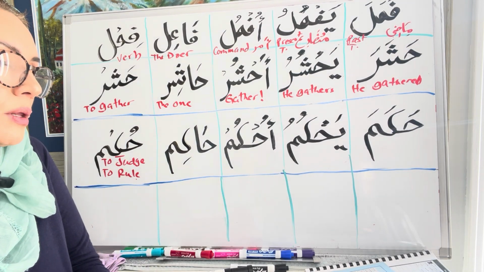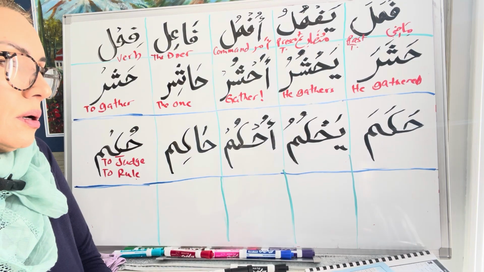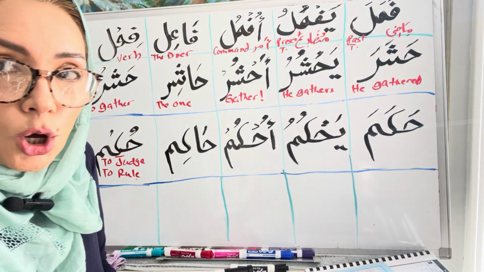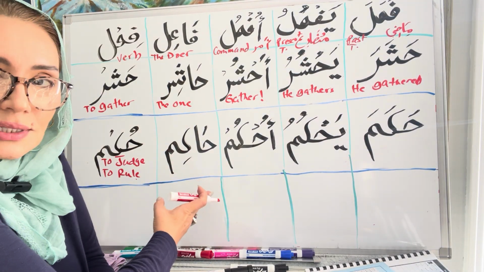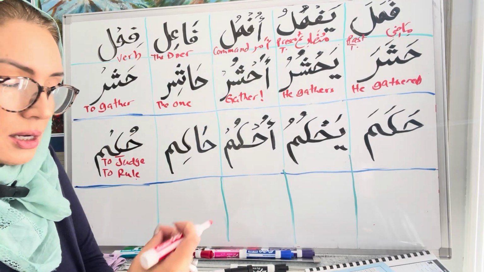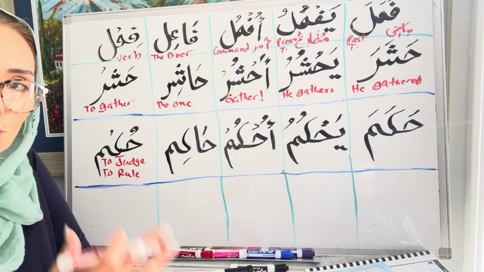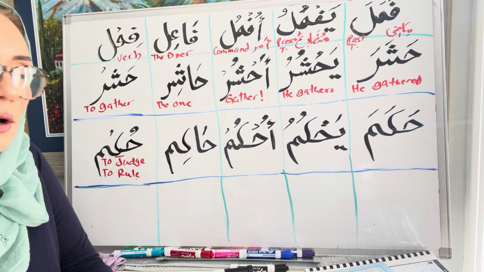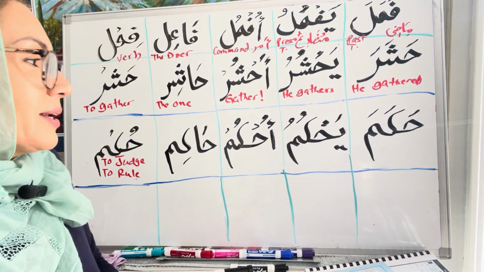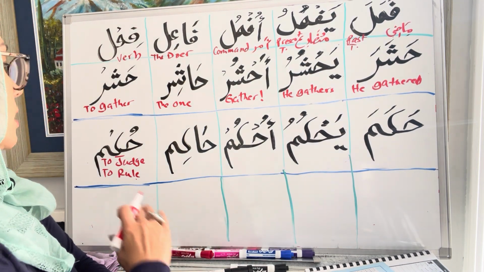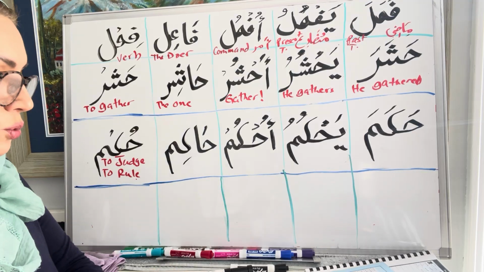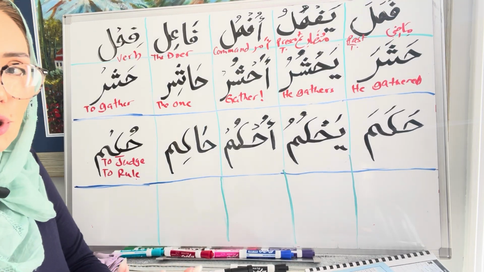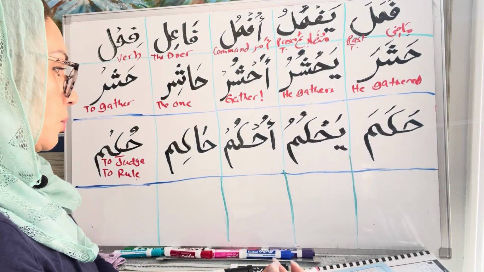So, we should hope that the one who is the hakim should have the hikmah to judge between right and wrong and all of that. But that's besides the point. Anyway, hukum is to judge, to rule. And I'm sure there are other meanings to it as well.